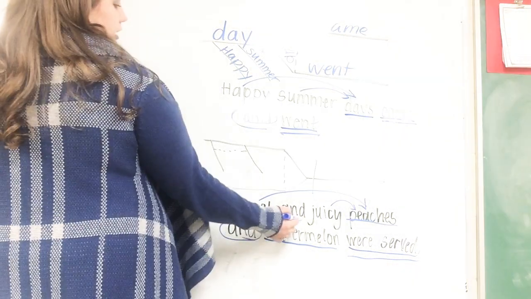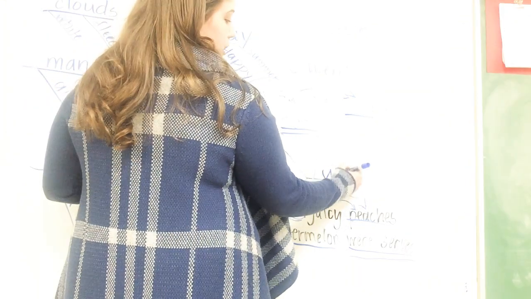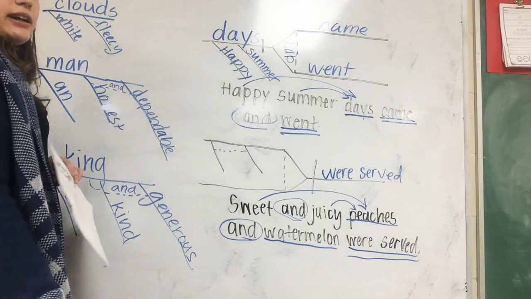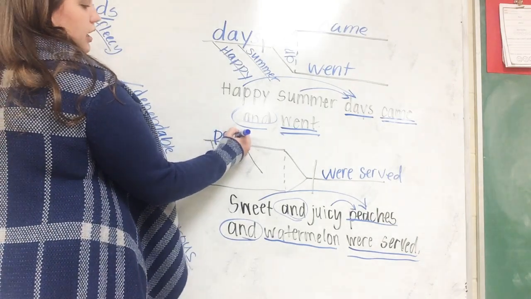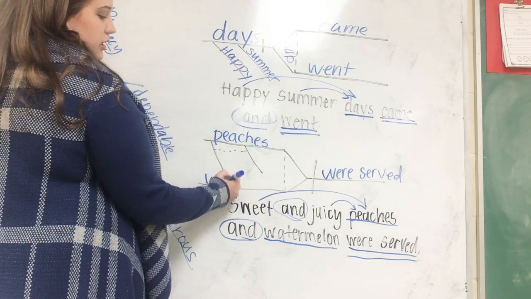Okay, and then this is another connecting word. So let's start with our verb, were served, and that's the easiest part. So were served is our verb. Remember, when we diagram, the verb and the predicate always goes on the right side. Subject, peaches, is our first one, so it goes on the top of the rocket. Watermelon is our second one, it goes on the bottom.